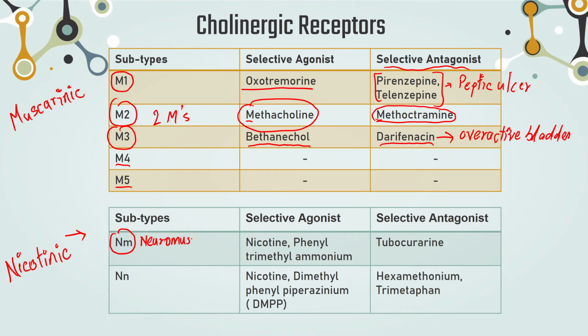It acts on the neuromuscular junction. It is present in the skeletal muscles. Stimulation of the NM receptor will cause contraction of the skeletal muscles.